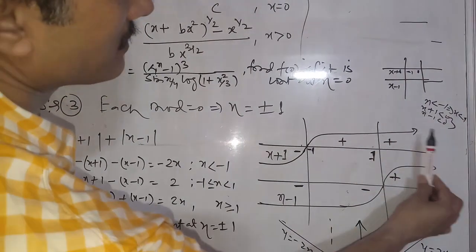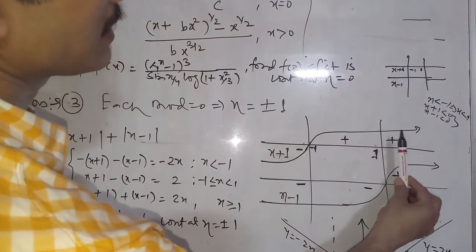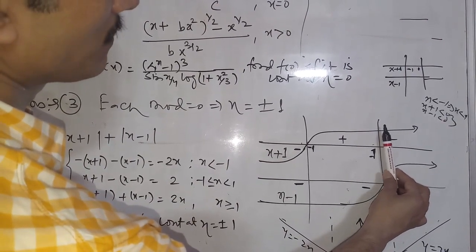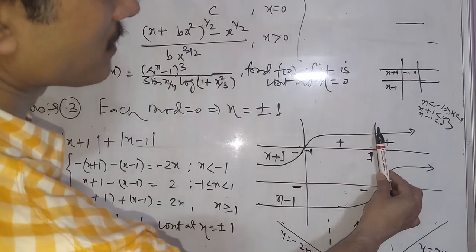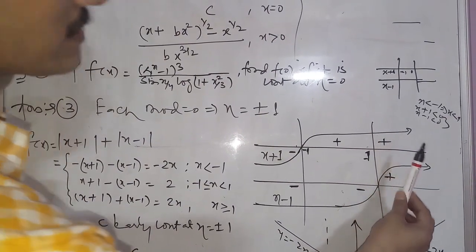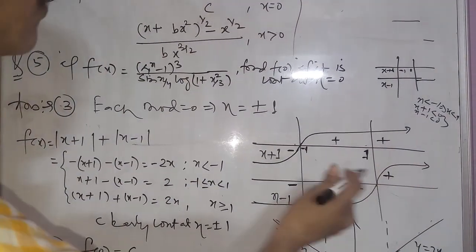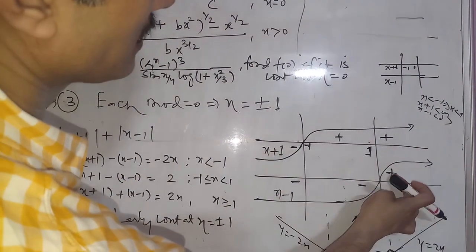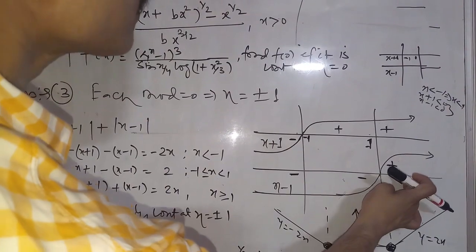Now when x greater than or equal to 1, in such case if x greater than 1, then also greater than minus 1, so x plus 1 and x minus 1 both positive. So sign of x plus 1 in this region positive, sign of x minus 1 in this region again positive.